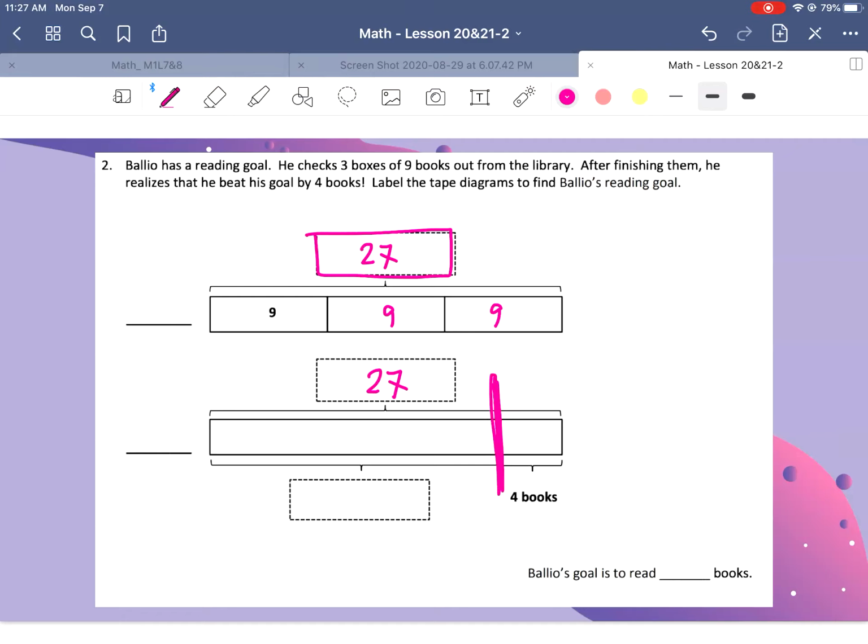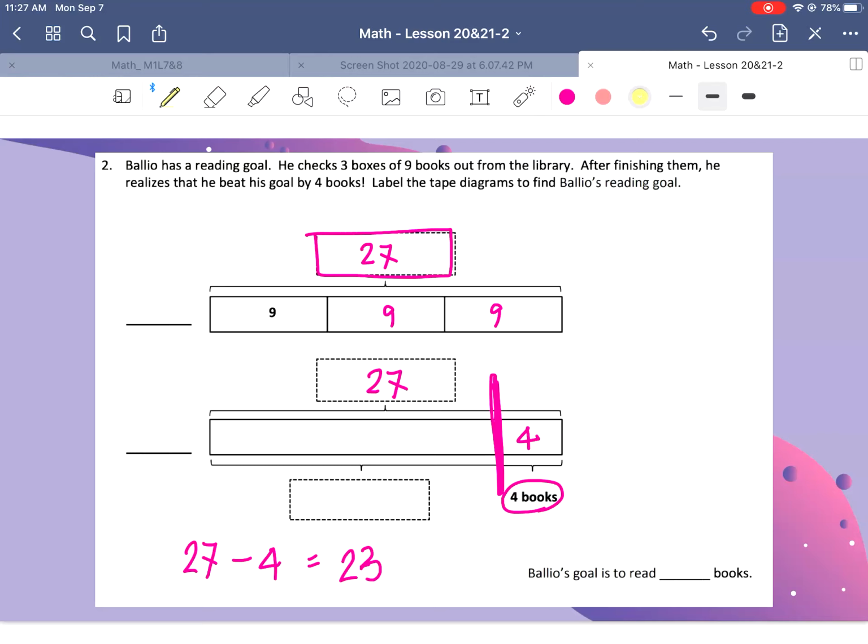So we need to figure out how many books he initially wanted to read. So this is what we're going to do. I'm going to take my total number, which is 27, and I'm going to subtract the extra books that he read, which is 4. And we got the difference, which is 23.